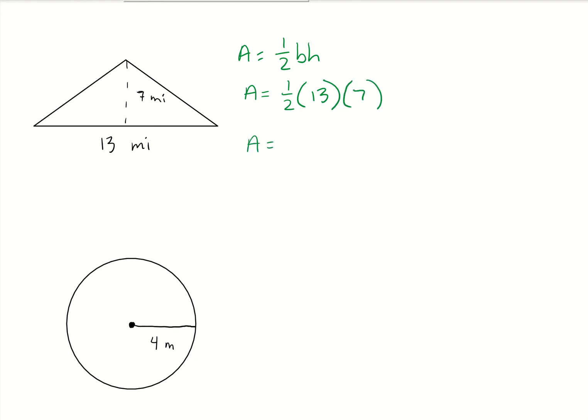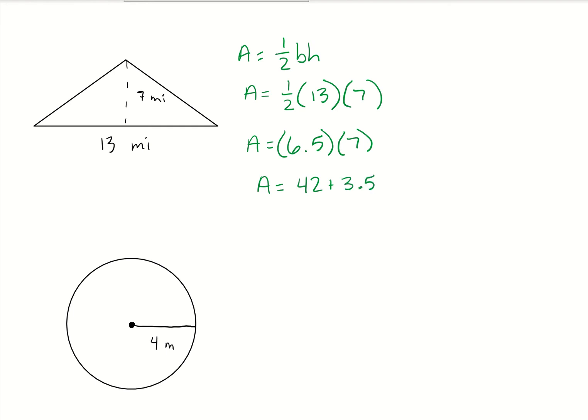Okay, and you might want to plug that into a calculator. I know that's going to be, let's see, 1/2 times 13 is 6.5, and then 6.5 times 7 will give us our area. That would be 42 plus 3.5.